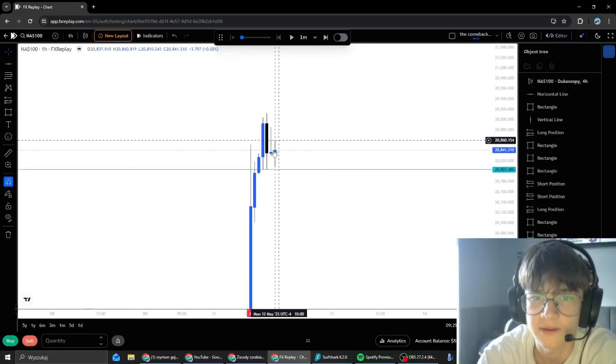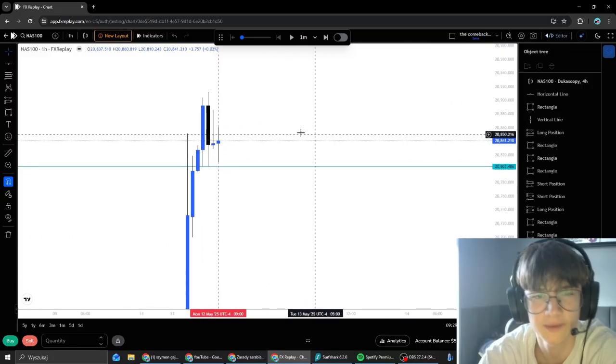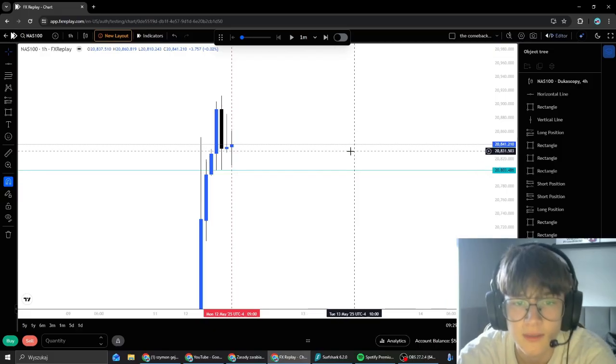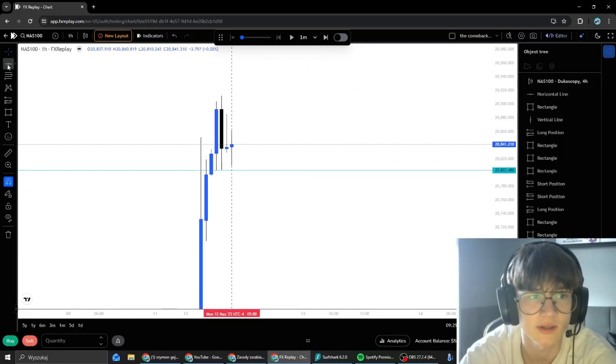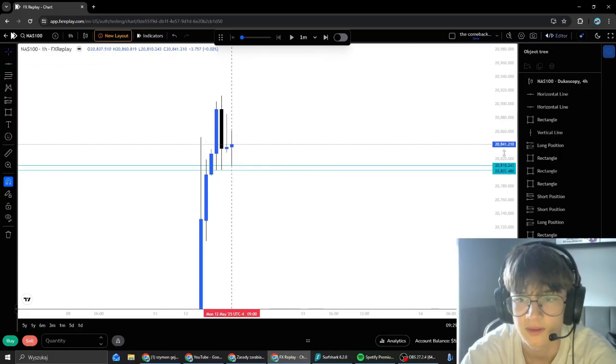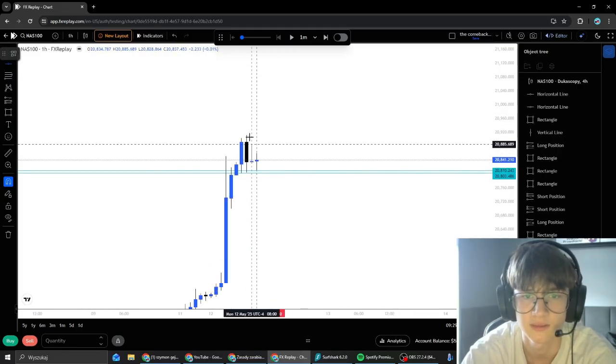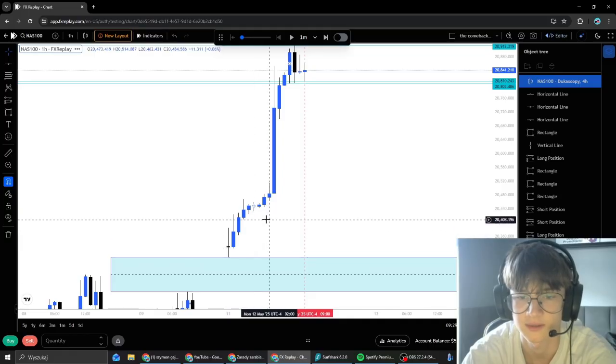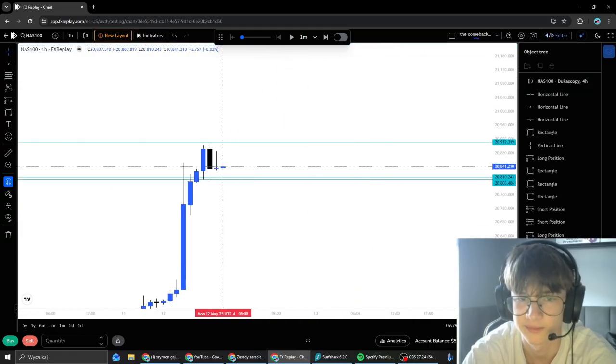We went up a bit and now we slowed down, so we're just chopping now. We have some equal lows here and here as well. We're not gonna target our day's low because it's somewhere down here. It's not really possible.